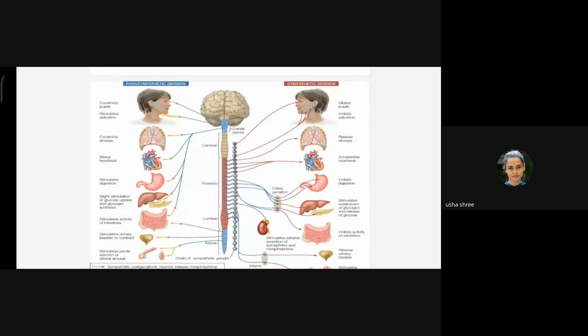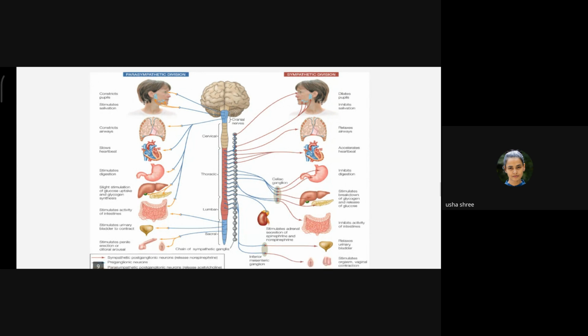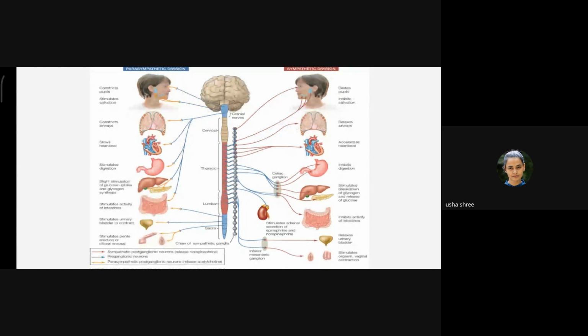All the preganglionic neurons of the sympathetic nervous system are depicted in blue color, but the portion of the spinal cord from which the preganglionic neurons of the sympathetic nervous system originate is depicted in red color.